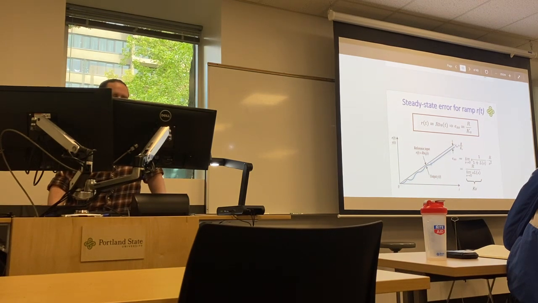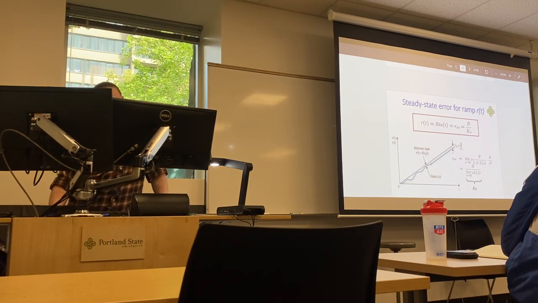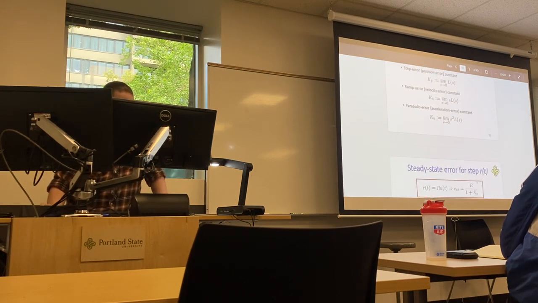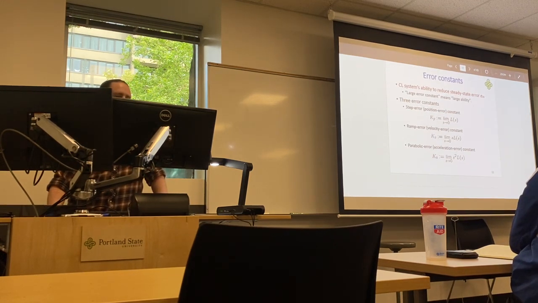Therefore our steady state error would be the magnitude of that input over 1 plus L of S squared. One of those gets canceled out, which still leaves us with R, a constant, over the limit as S approaches 0 of S over L of S. Again, relating that to our velocity error.